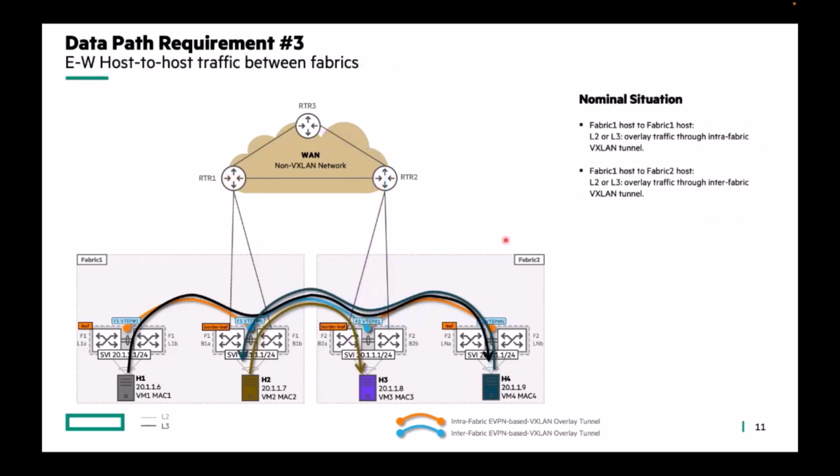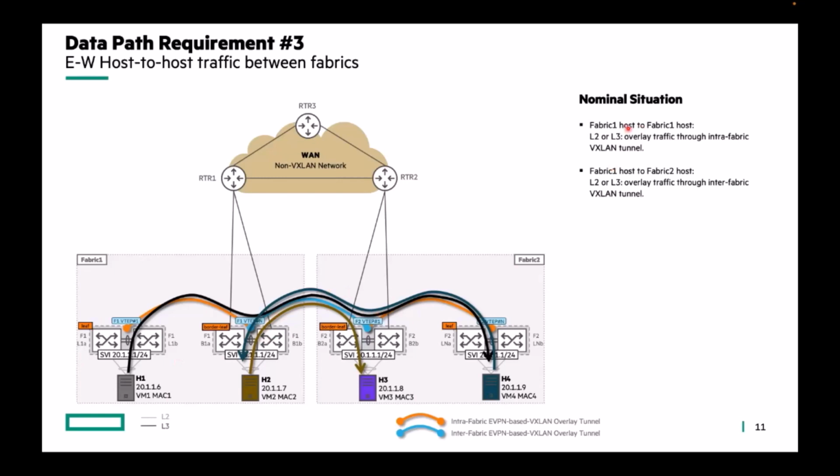Okay, use case 3, data path requirement. What else can happen in a multi-fabric situation, right? You may have inter-fabric communication. So a host from one fabric wants to communicate with a host of the other fabric, and they should be able to communicate easily with each other through EVPN and BGP, right?